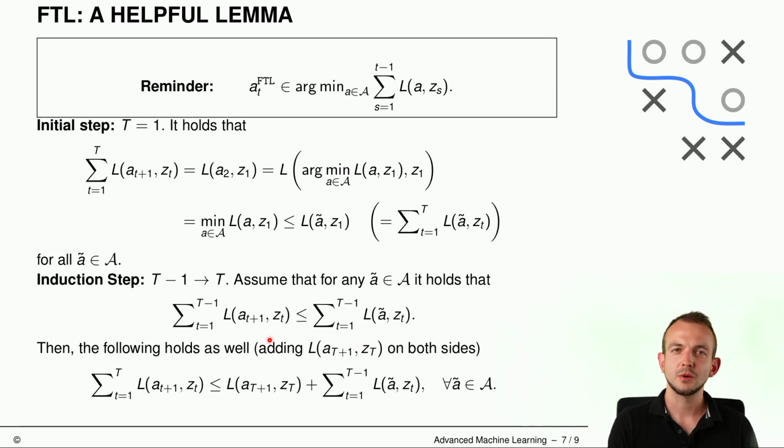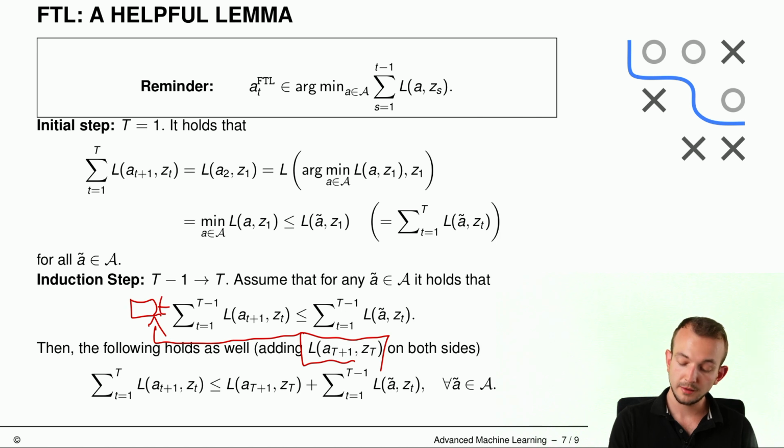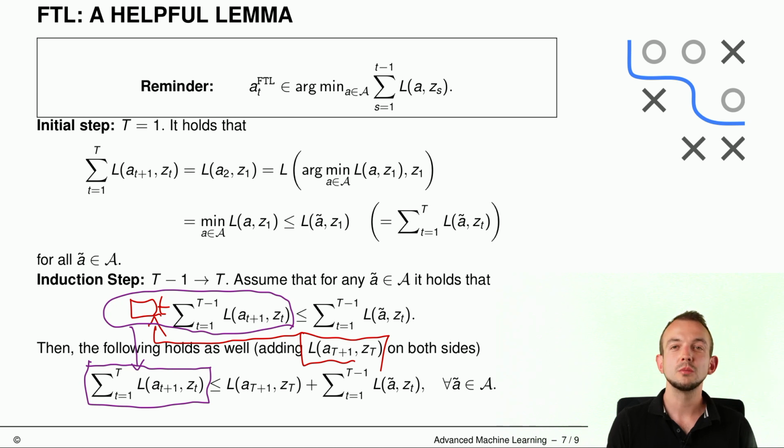What do we get? Well, if we add it here on the left-hand side, what will happen? We can see, okay, we have here this additional term, but this left-hand side we end up with here can also be conveniently expressed as simply the cumulative loss of this one-step look-ahead cheater version.